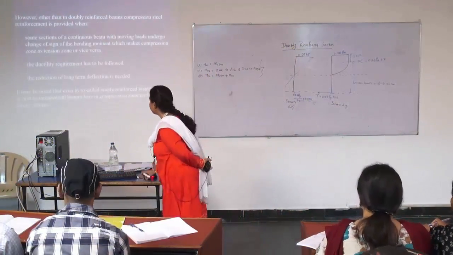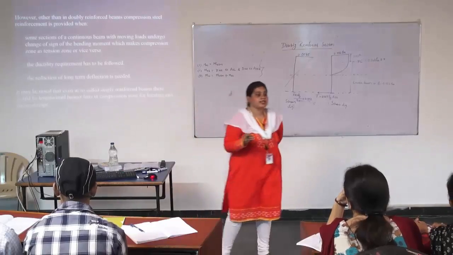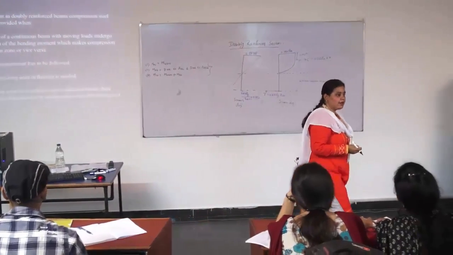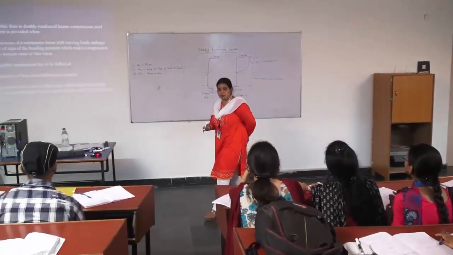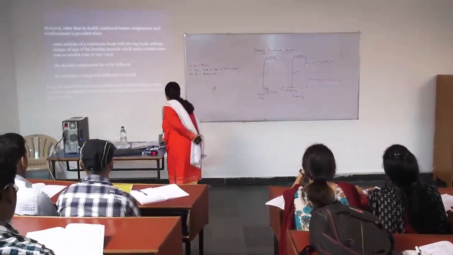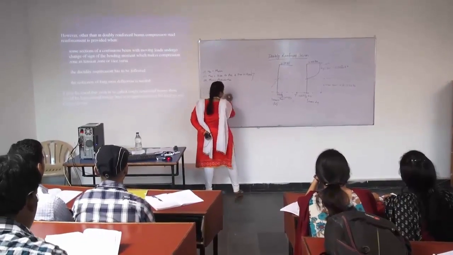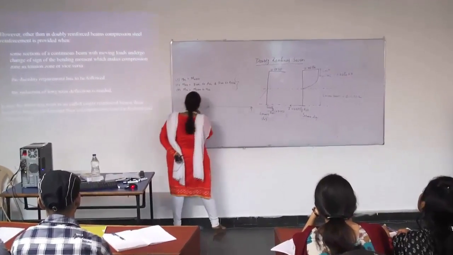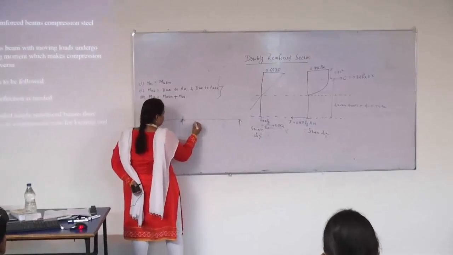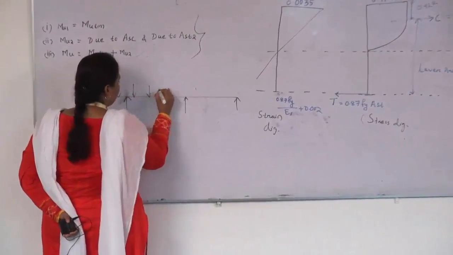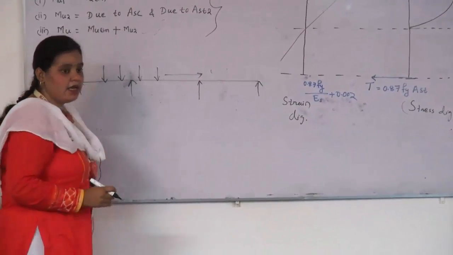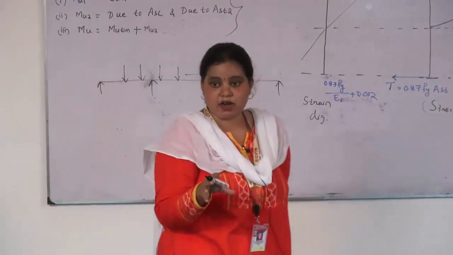Now, generally in which type of conditions can we provide doubly reinforced sections? I told you already, where continuous beams are provided. In a continuous beam, what happens? Moving loads are there. If there is a continuous beam and moving loads, then the point of contraflexure occurs, or not?